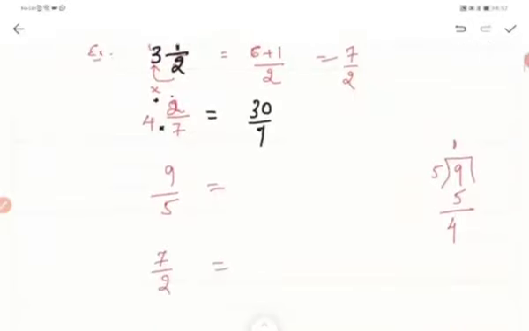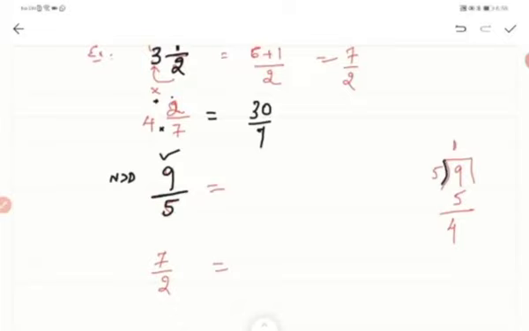And then this one, this is an improper fraction, isn't it? Because the numerator is greater than the denominator, this is an improper fraction. So I can convert this improper fraction into a mixed fraction. How? Just go for division.